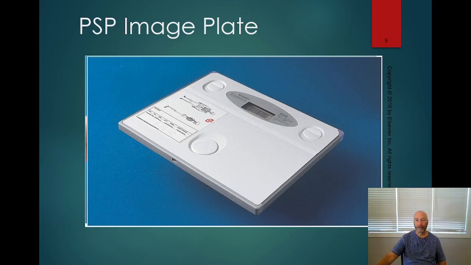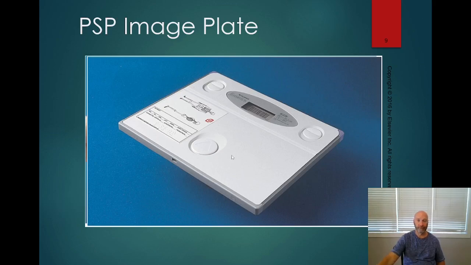So these plates were used, this is actually the back side of the plate, but these plates were used on the back side of the cassette. They were used kind of in our first generation DR, so as computer reconstruction of the image, but the equipment looked a lot like film.